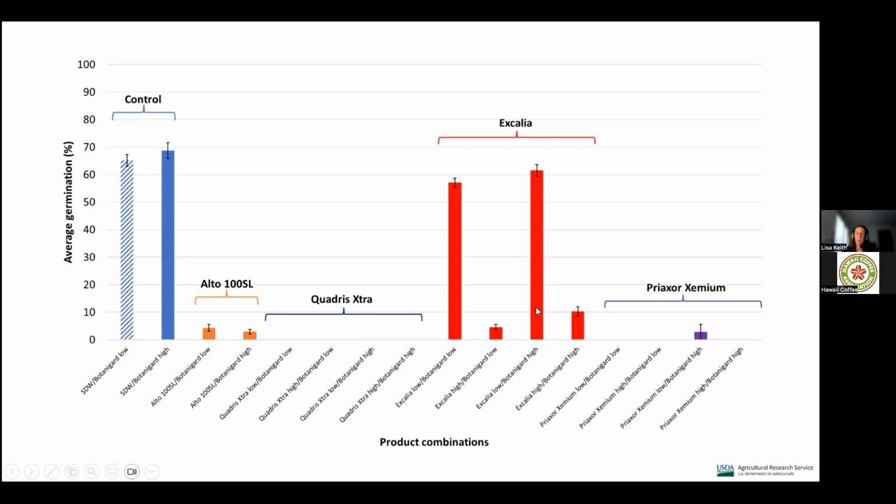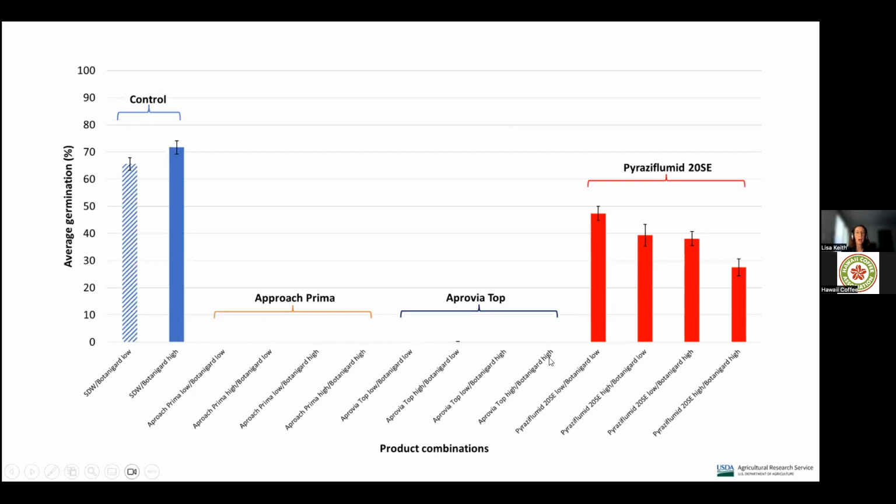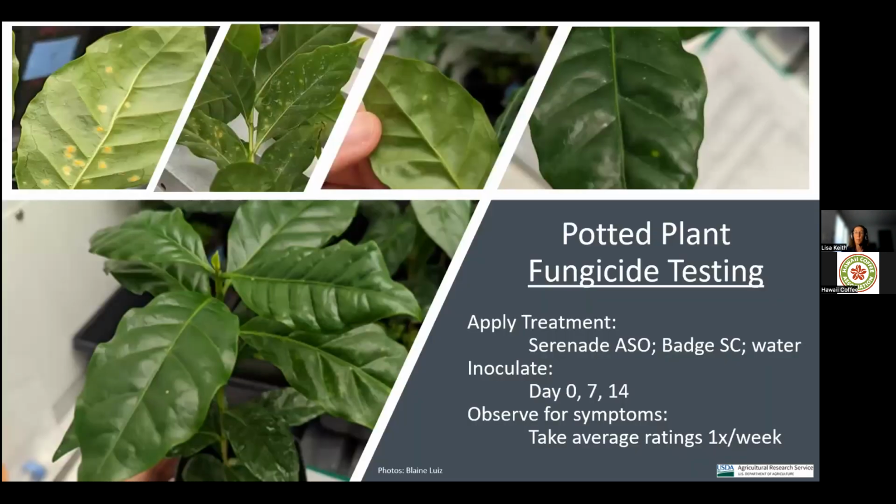Excalia depends on the rate combination. Okay, here are a few more of the IR4 systemic products: Approach Prima, Appruvia Top, and then it depends on the rate combinations of this last one. Okay, so that's the summary of some of the lab work that we do and how we do it.